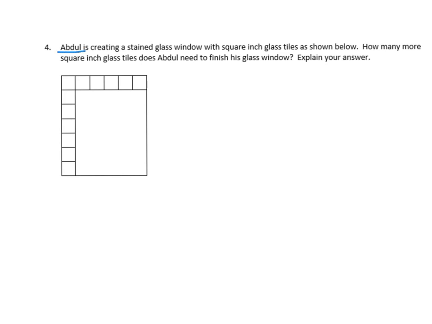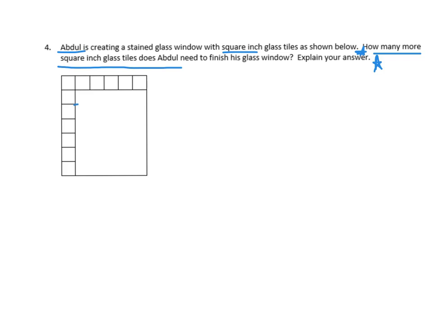Let's take a look at number 4. It says, Abdul is creating a stained glass window with square inch glass tiles as shown below. How many more square inch glass tiles does Abdul need to finish his glass window? Explain your answer. So what I'm going to do is I see that they drew me a picture.